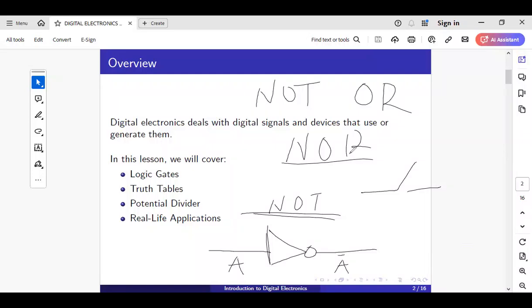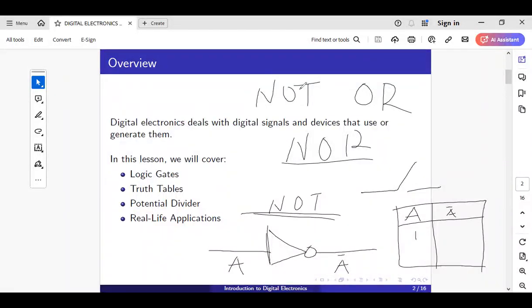Jenny, tell me, what did we say about that kind of symbol? Say, for example, in our truth table, if the input is a 1, what is going to be the output?